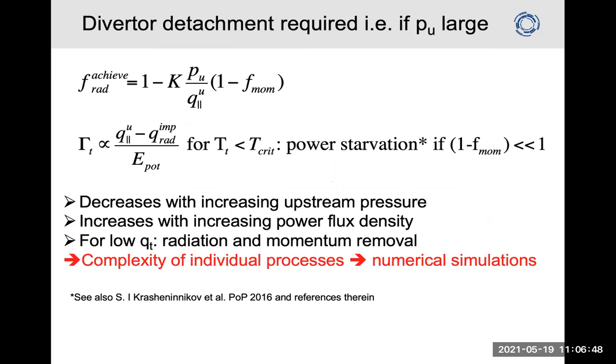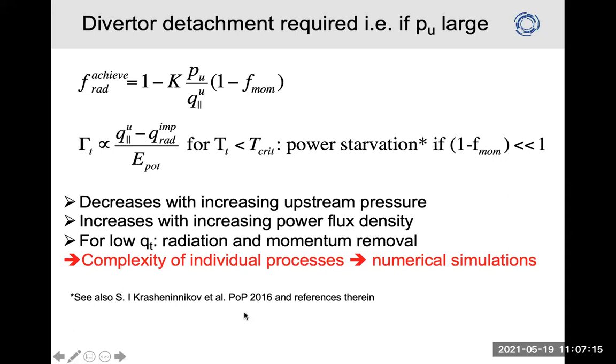At some point, you have reduced the power to such levels that, if you have the recycling process going on, each cycle of ions reaching the target and coming back eats up energy. So in order to sustain this recycling process, you need a certain amount of power.